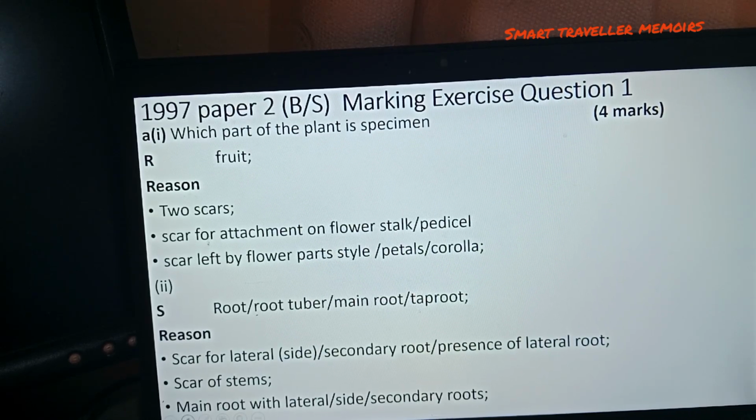And the reason for this is that the scar for lateral side is seen. There are secondary roots which can be seen, presence of lateral roots. Then we have the scar of stems. And then we have main root with the lateral side or lateral roots or secondary roots.